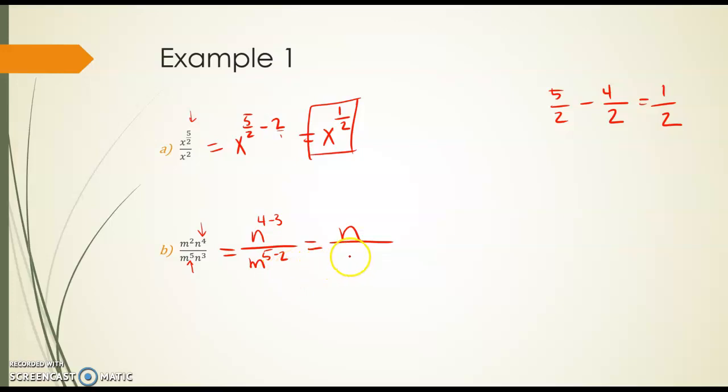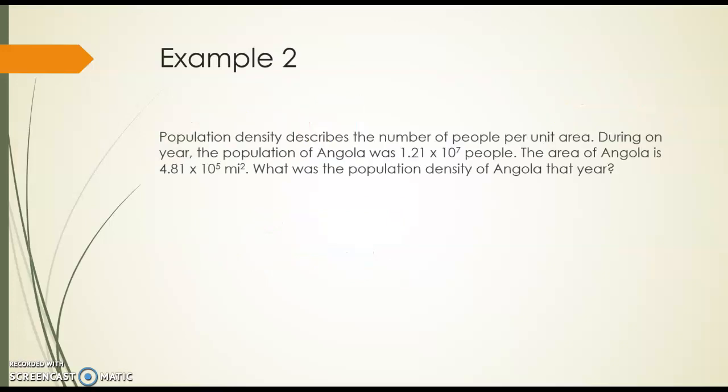And 5 minus 2 is m to the 3rd power. And that's our final answer. And I didn't have to mess with the negative because I went ahead and kept my m to the 5th on the bottom. All right, so back to some scientific notation just so that we get some of that practice in as well.